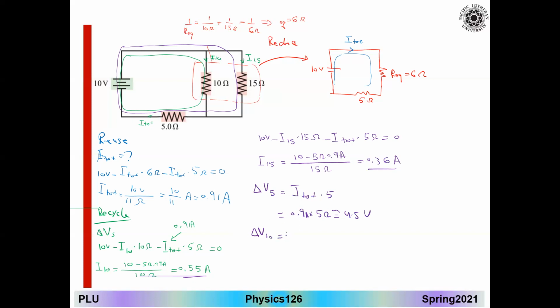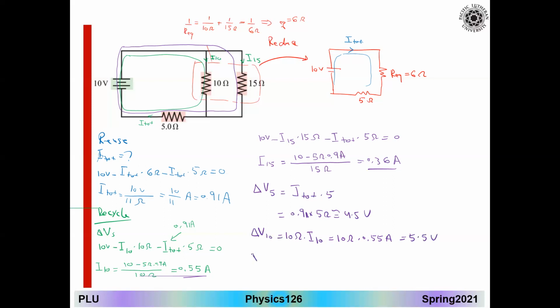Here is the delta V in the 10 ohm resistor. It will be 10 ohms times I10. Where is the I10? 0.55 amps. I end up with 5.5 volt.